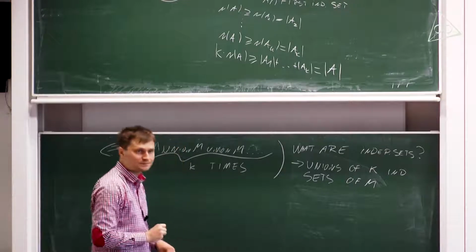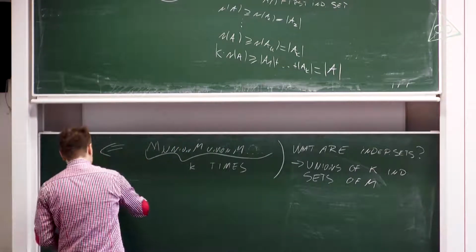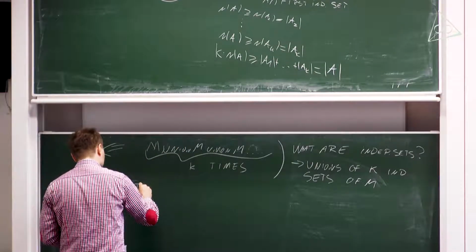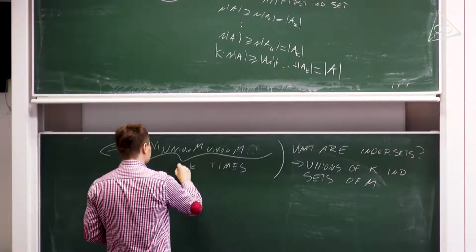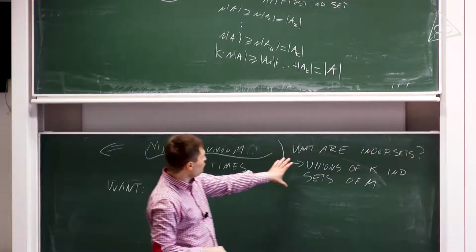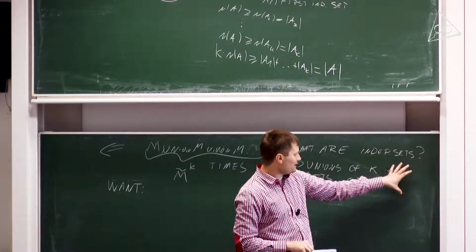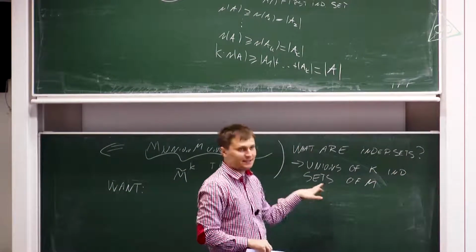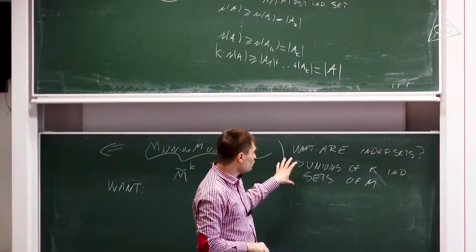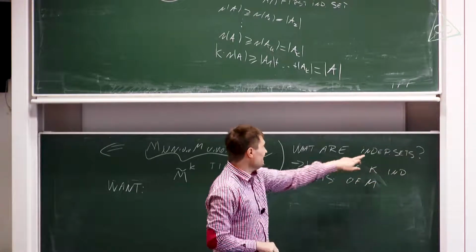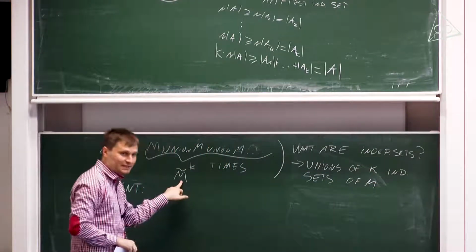So what do we want? Let's call this matroid M tilde. Well, we want to prove that the whole set is a union of k independent sets of M. So we want to prove that the whole ground set is an independent set of M tilde.